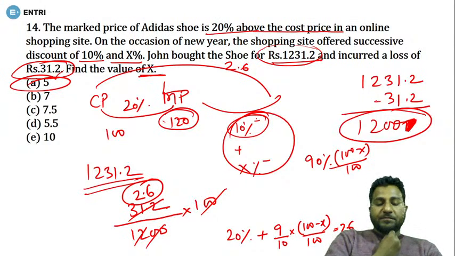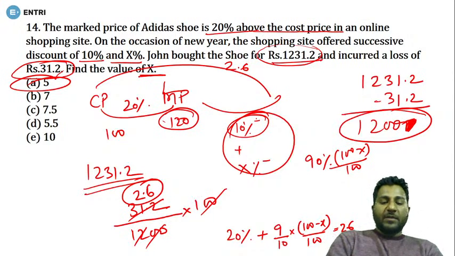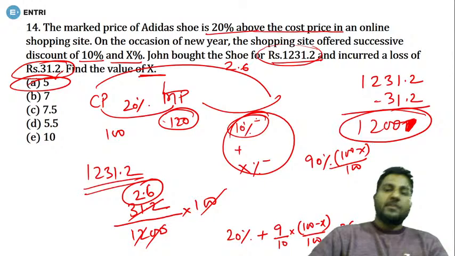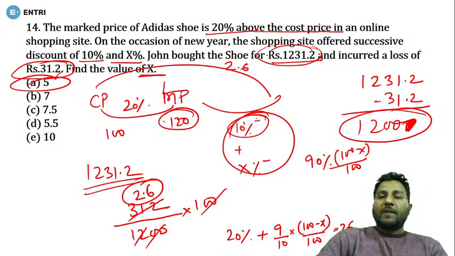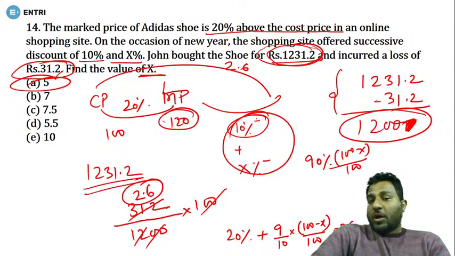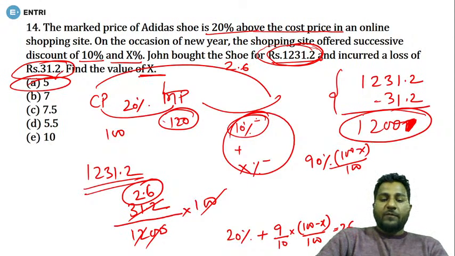All right, we can easily figure out. No, not 10%, it would be 5%. Look, the question is a bit tricky. You know that 1231.2 is the selling price, and John bought it at 1231.2.